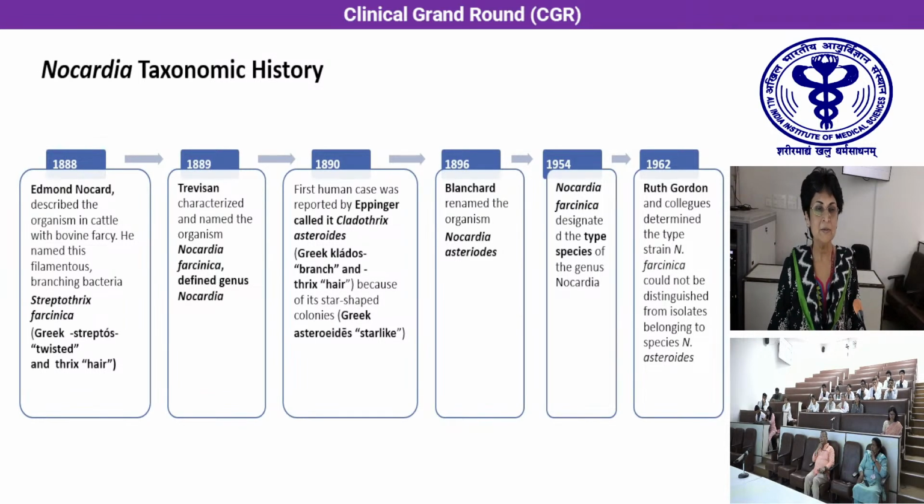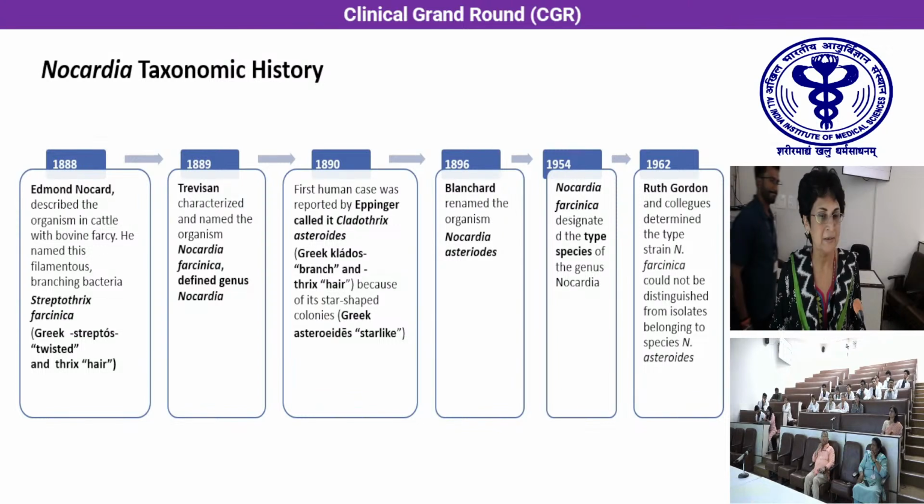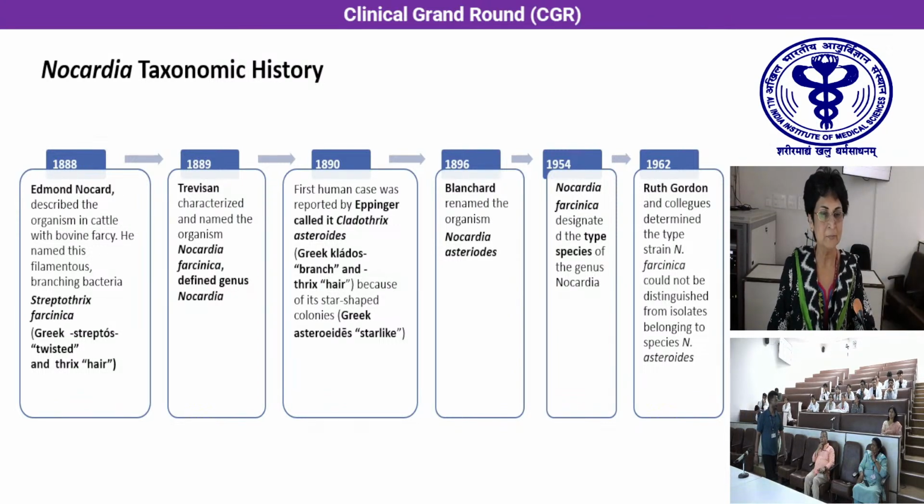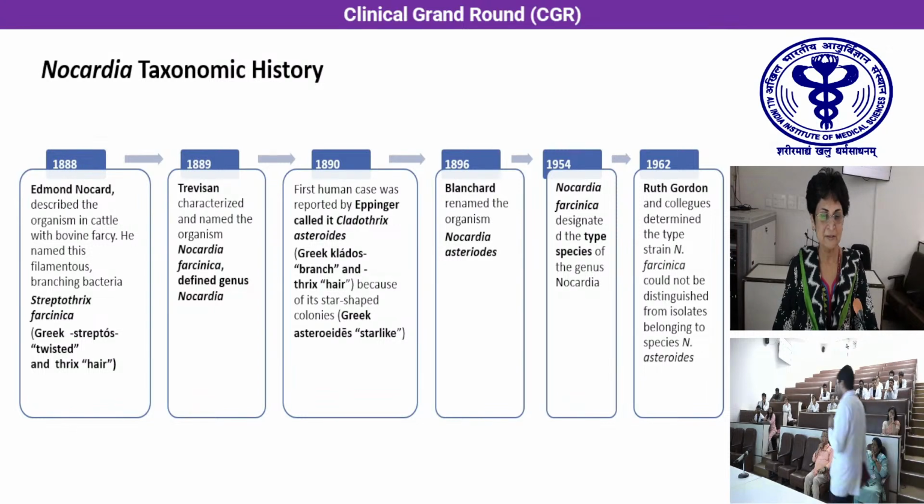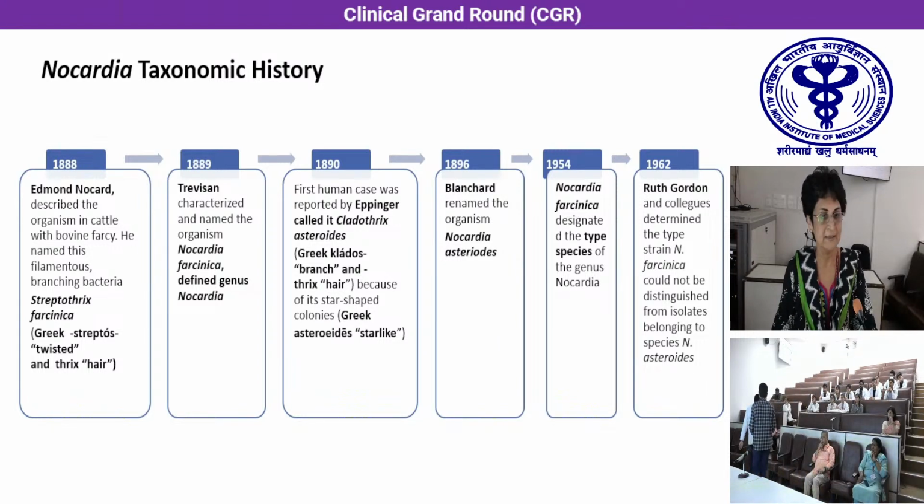So, coming to the taxonomic history of Nocardia, which is actually both confusing and conflicting. The journey started in the year 1888 with Edmond Nocard, who was a French veterinary doctor and also a microbiologist, who described gram-positive filamentous branching bacteria in cattle with bovine farcy and named it Streptothrix farcinica, after the Greek word meaning twisted hair.